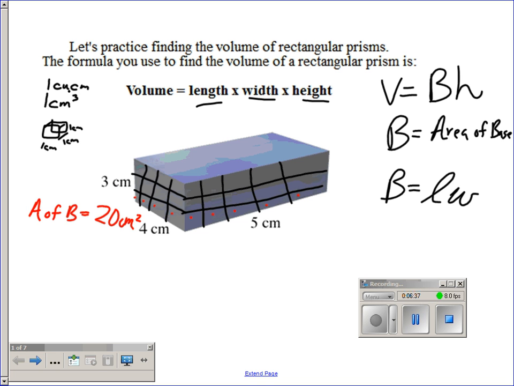Okay. Yes, ma'am. Question. Say again. So when we take 20 centimeters squared and multiply it by 3 centimeters, 3 groups of 20 is what? 60. Now what is centimeters times centimeters squared?